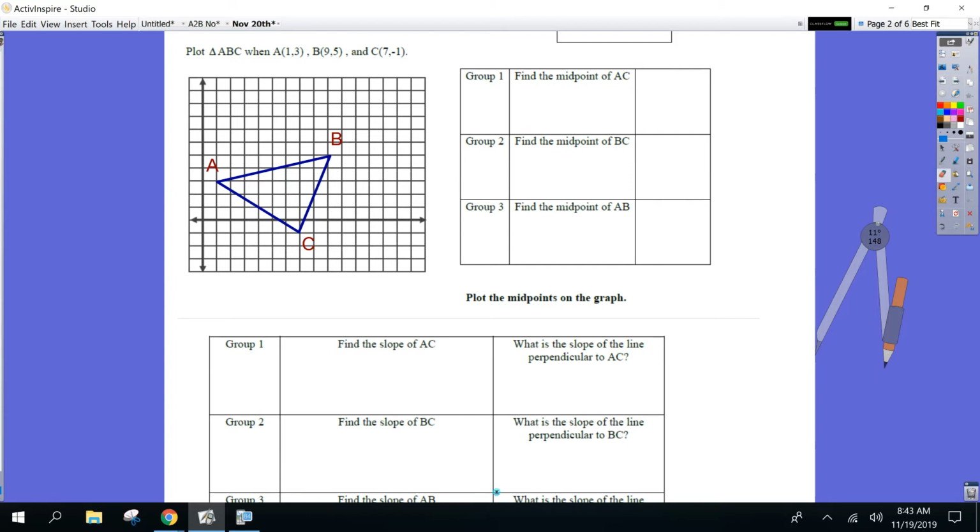Group 1 is going to be this section today, Group 2 is this middle one, and Group 3 is right over here. Your first job: each group has to find the midpoint of their designated side. Group 1, you have AC. Group 2, you have BC. And Group 3, you got the midpoint of AB.